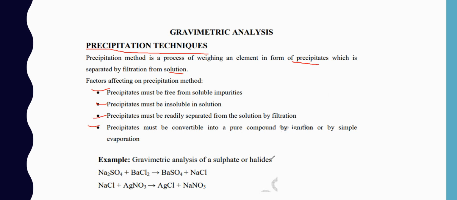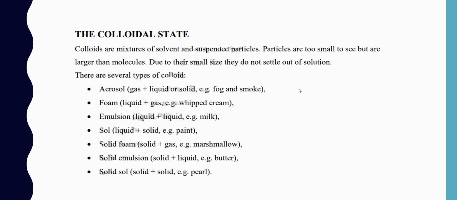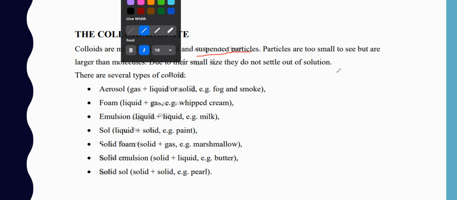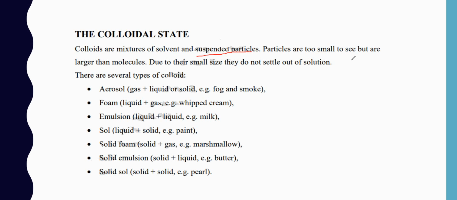An example of gravimetric analysis of sulfate and halide is given, so AgCl and BaSO4 precipitates are forming here. Now the colloidal state. What is the colloidal state? Colloids are mixtures of solvent and suspended particles. The particles are too small to see, but they are larger than molecules.